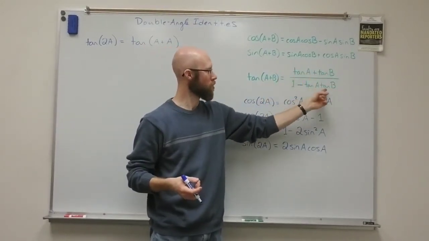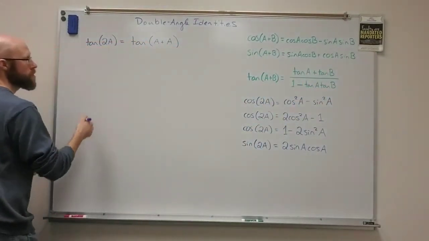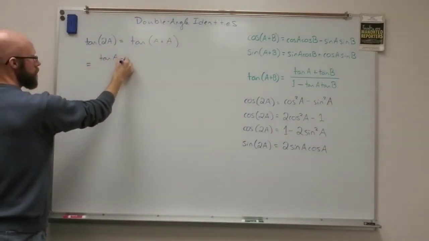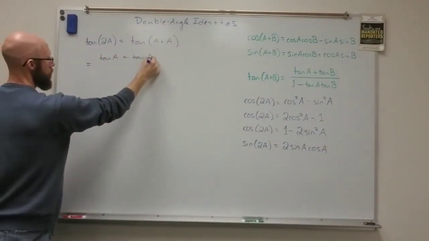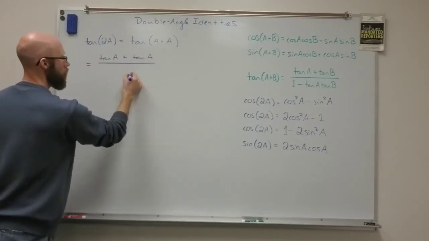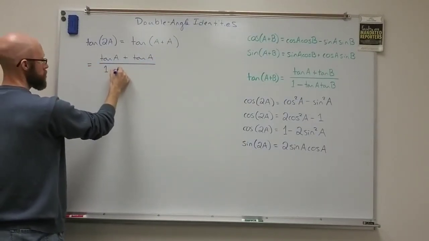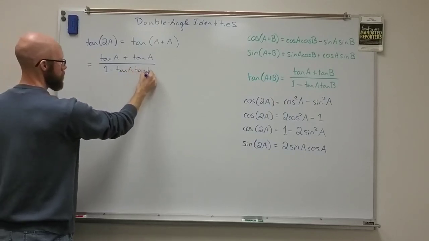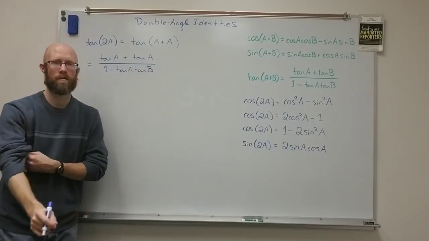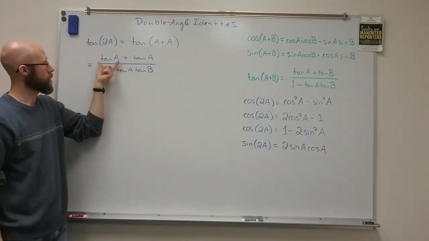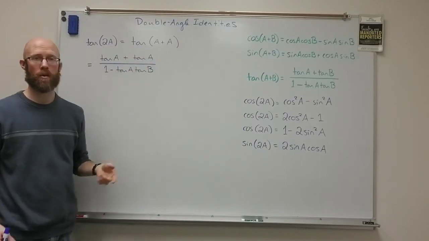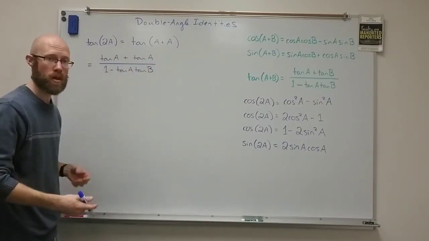So everything in this formula will become an a, all the angles, and you'll end up with the tangent of a plus the tangent of a all over 1 minus the tangent of a times the tangent of b, right? With this expression, as we combine things, tangent a plus tangent a, well, that's 2 of the same thing again, so it's 2 times the tangent of a.